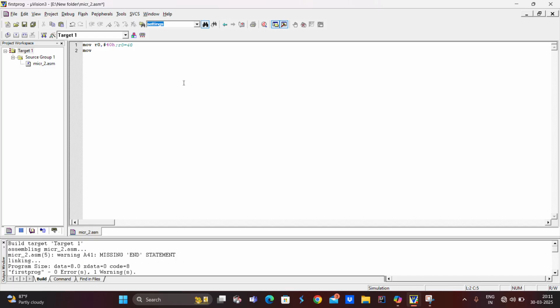Then the next instruction I'm going to use is MOV R1, #02. So this instruction makes R1 equal to 02 in hex.